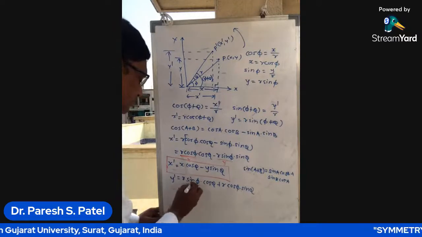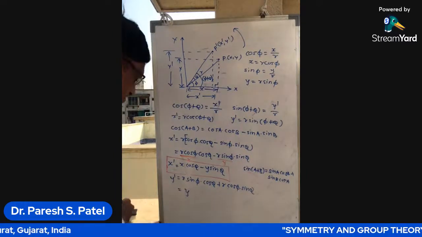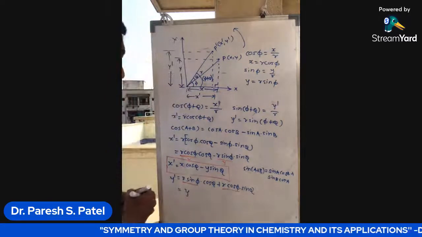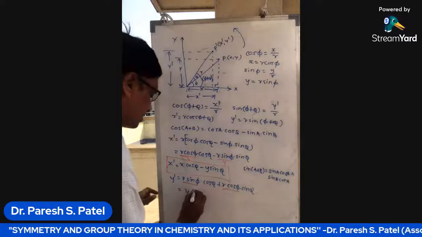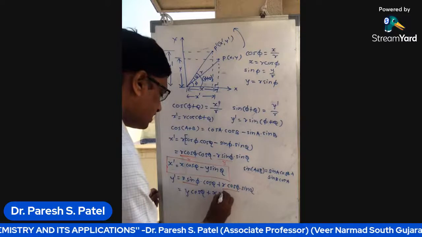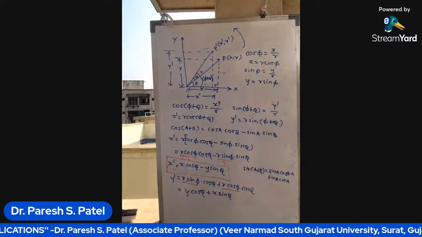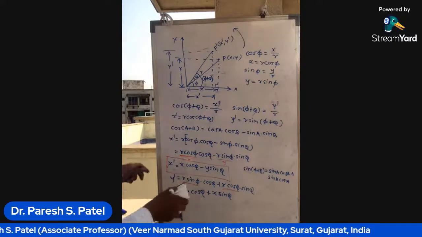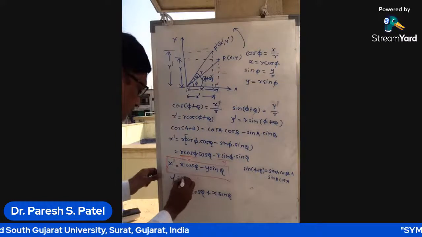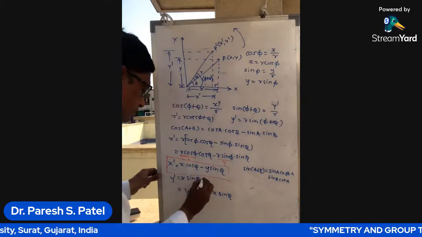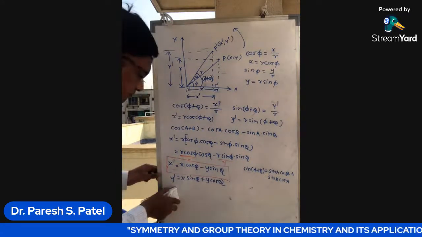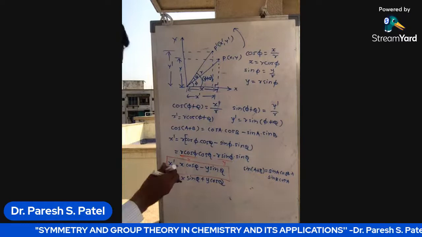We know that r sin phi is equal to y and r cos phi is equal to x. So y dash is equal to x sin theta plus y cos theta. So these are the two equations.